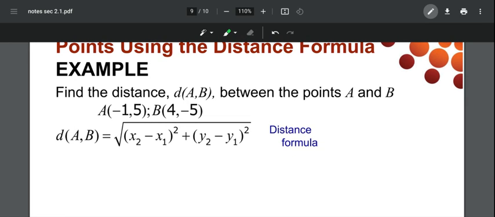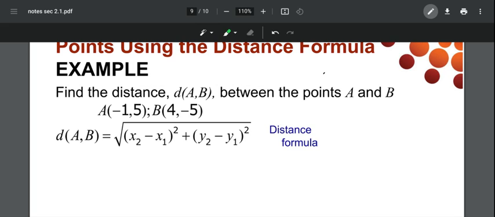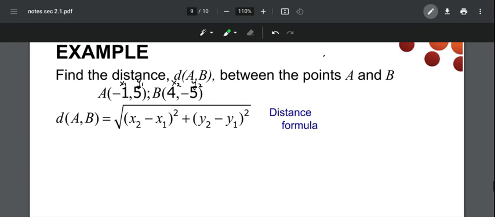So step number 1, copy the distance formula. Next, you're going to label the coordinates of the first point as x1, y1, and the coordinates of the second point as x2, y2. So next, we're going to substitute into the distance formula.